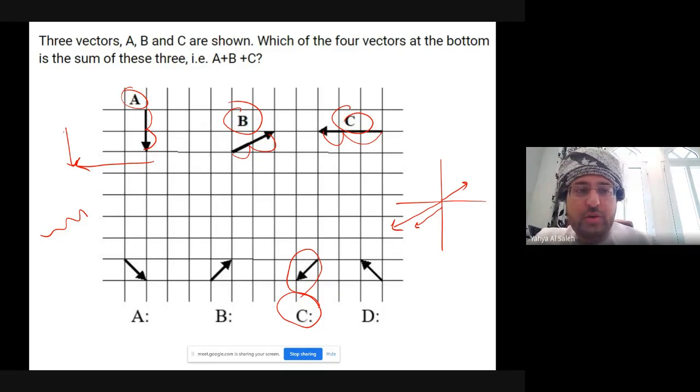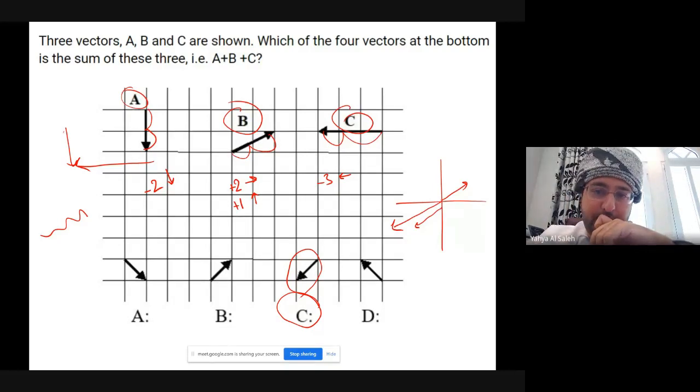Okay, if you want to do it mathematically, not graphically, this is minus 2 blocks down. This is minus 3 blocks left. This is plus 2 blocks right, plus 1 block up, right? So if I add them all up, what do I get?